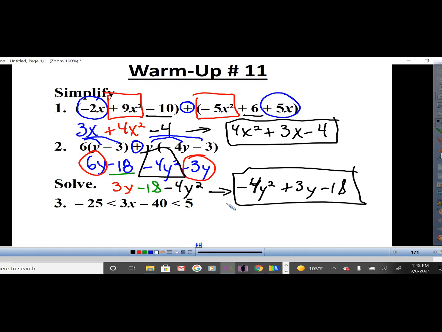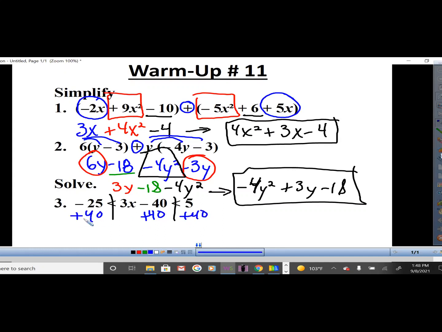Okay. And last but not least, this should be a review, which is solve. Number 3. It reads negative 25 less than 3x minus 40 less than 5. So line down the inequality symbols. I need to leave x by itself, so I add 40 to all sides.